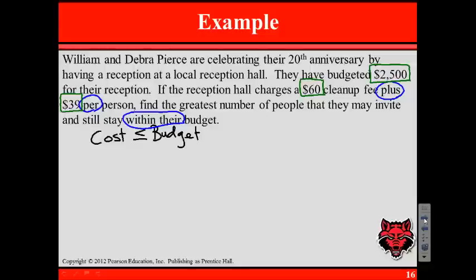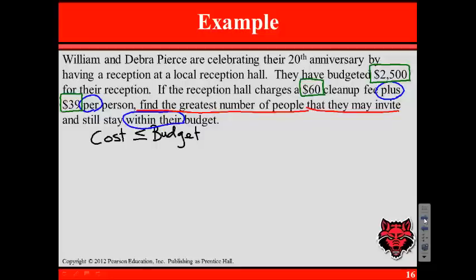And now, let's underline the value we're actually trying to find. We want to find the greatest number of people that they may invite. So we're trying to find the number of persons they can actually invite, and in doing so, stay within their budget. So let's look at the cost. And let's add all the things that will cost money.